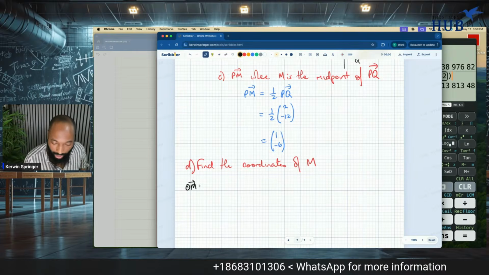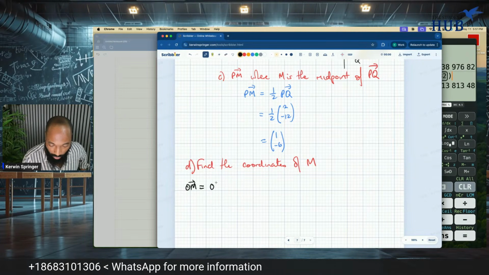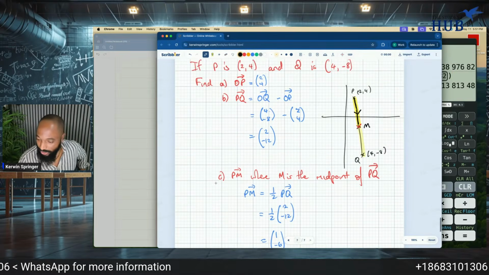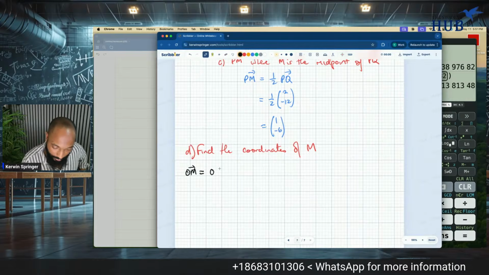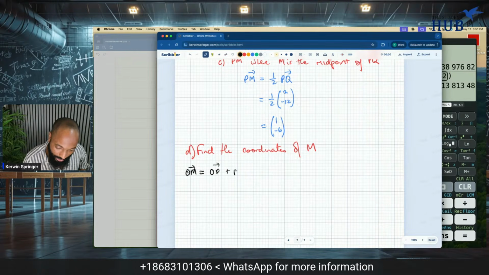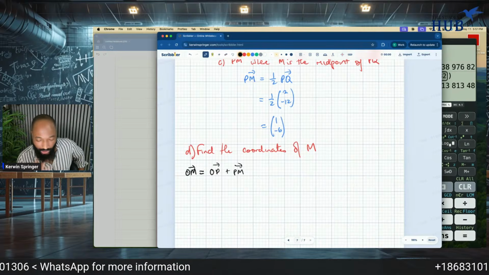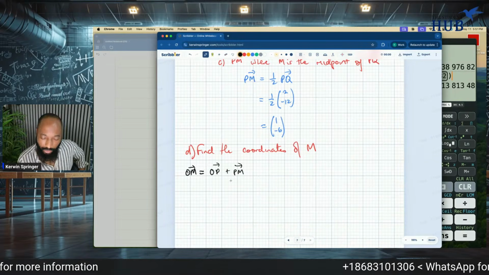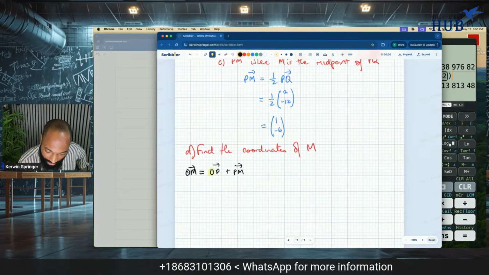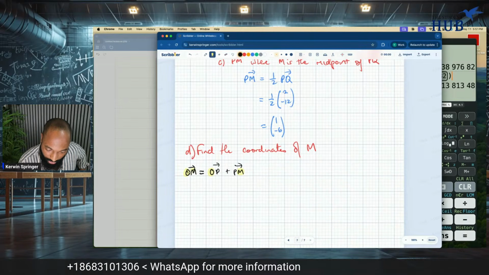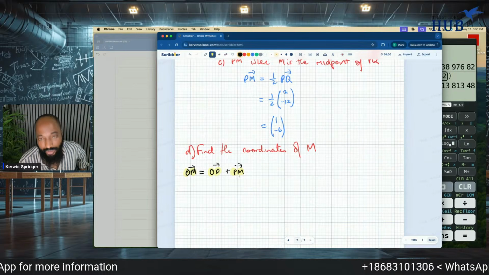Find the coordinates of M. OM is just go from O. Watch my little diagram. I could go from O to P and then from P to M. That's the other way. The key to vectors is finding another way. Notice when you're adding, the triangle laws are subtract, but if I'm using this adding technique, there's a little pattern that always happens. The first letter and the last letter will always be these two, and the middle letter will be the intermediary point.